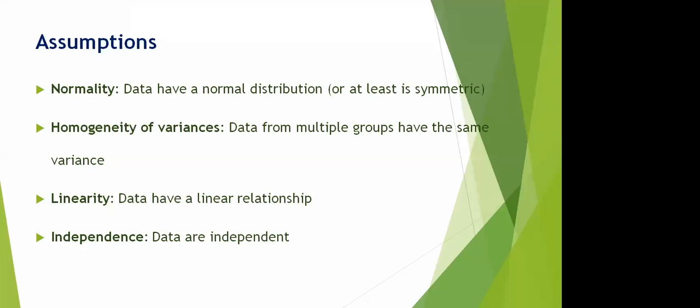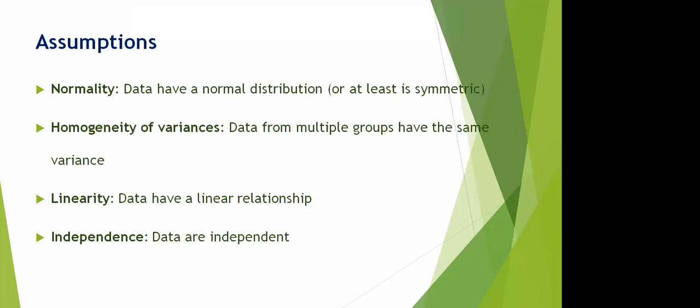And the first one is normality. If our data is normal, we can choose a parametric test, and if the data is non-normal, we should go with the non-parametric test. This is the main thing we consider while selecting a statistical test. And homogeneity of variances also. If we want to compare two data groups, or if we are taking different sample groups from a population, the variance between the sample means will be the same.